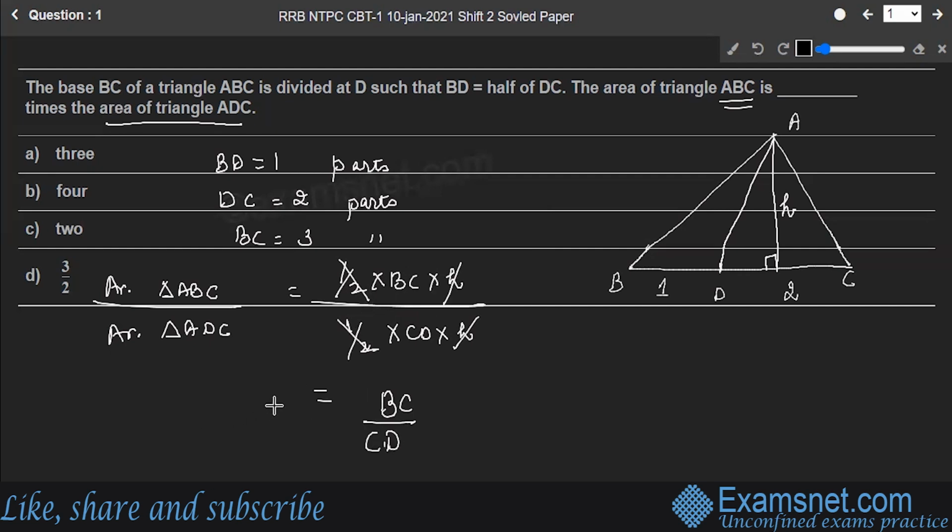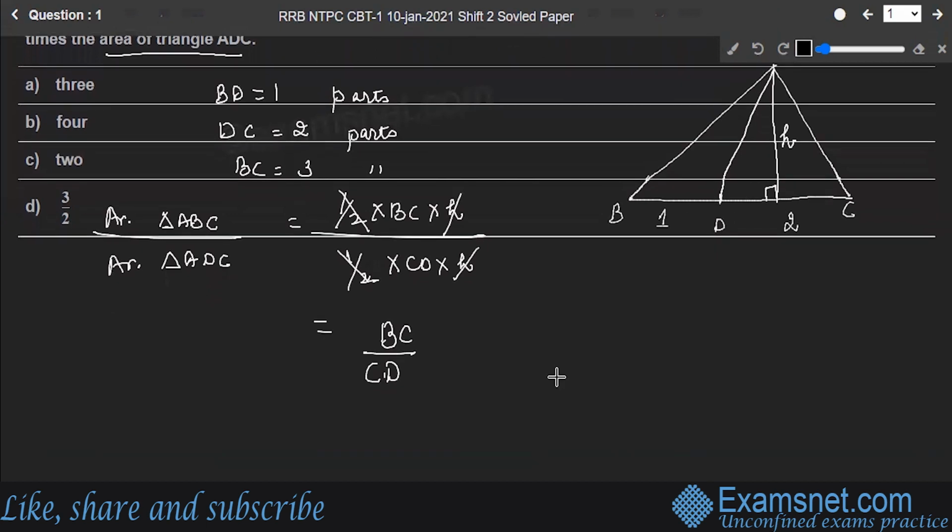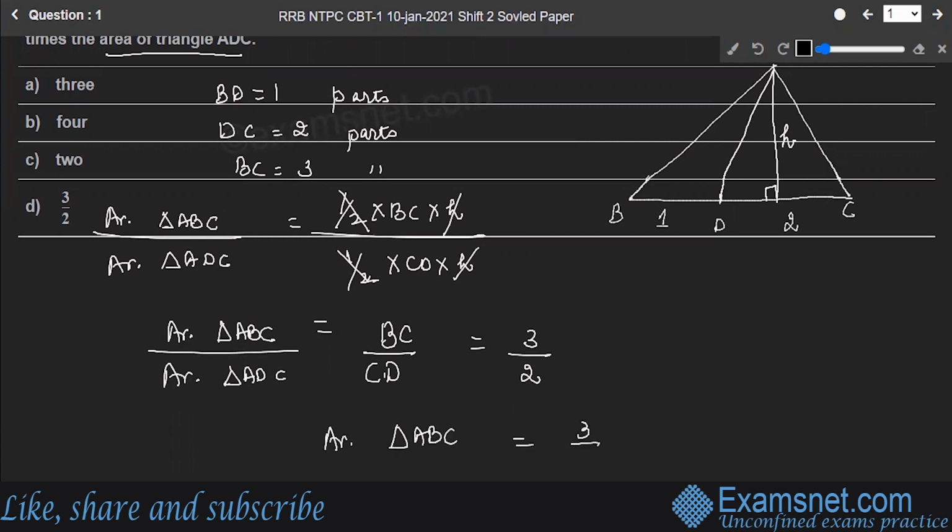BC is equal to 3 parts, CD is equal to 2 parts. So area of triangle ABC is 3 by 2 into area of triangle ADC. So we have option D as the correct answer. Hope you got that.